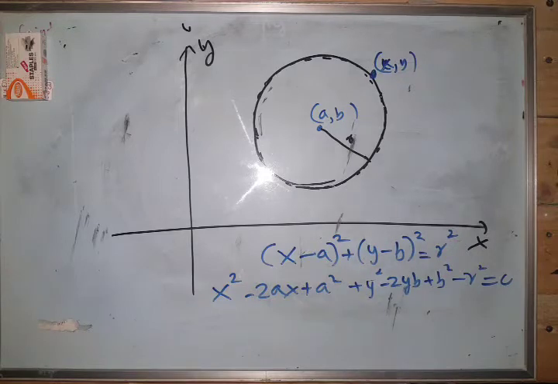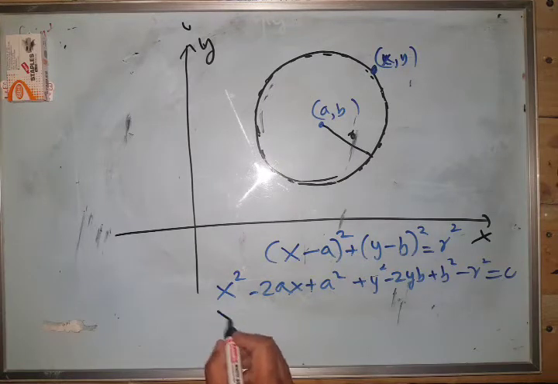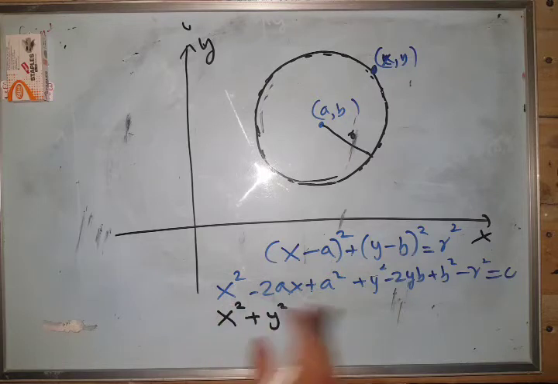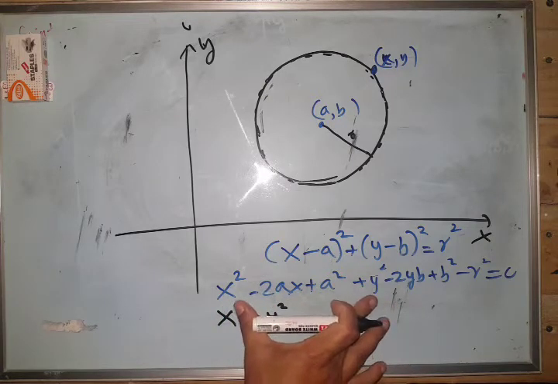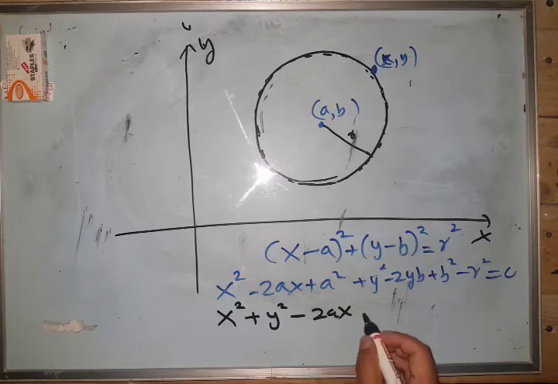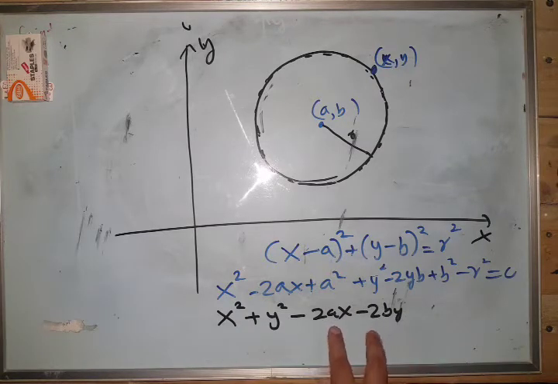So I will collect some terms so that it will be more clear. x squared plus y squared, I'm going to couple these two quadratic terms. Then minus 2ax minus 2by, the x and y terms.